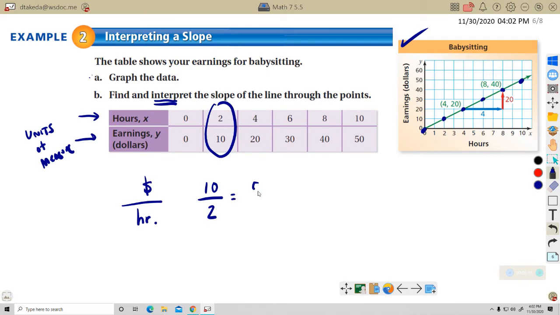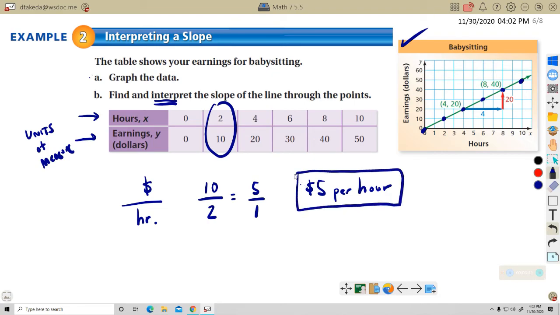This reduces to 5 over 1. So when we say interpret, it's $5 per 1 hour. That's the interpretation. This person, for babysitting, earns $5 per hour. So when they say interpret, apply the units of measure and put your answer in the context of those words.